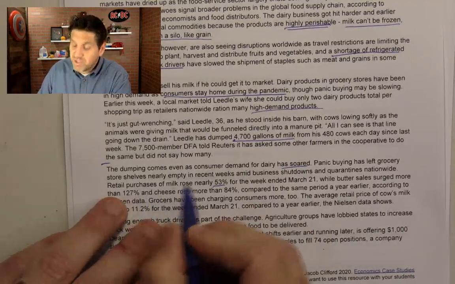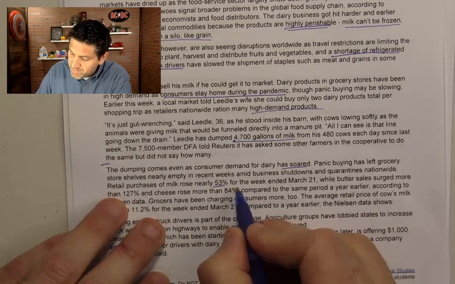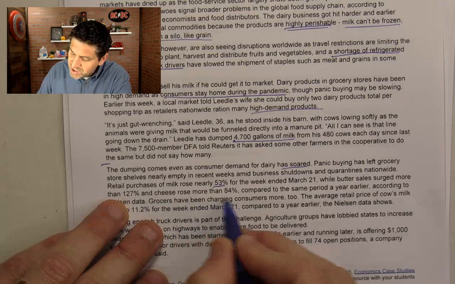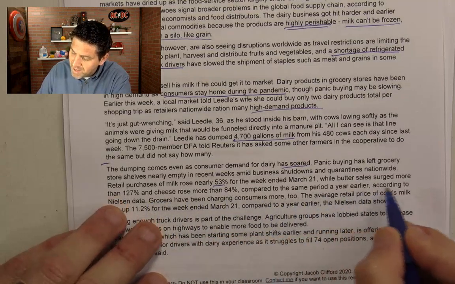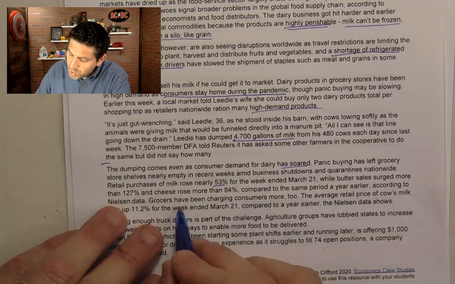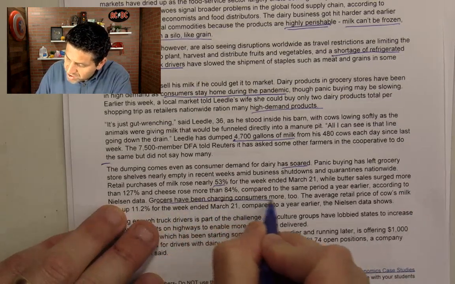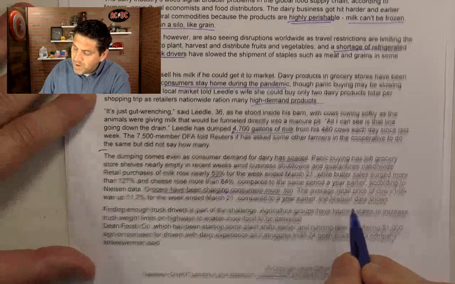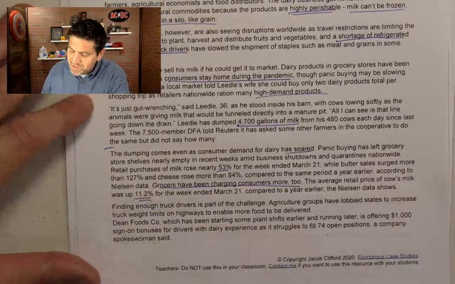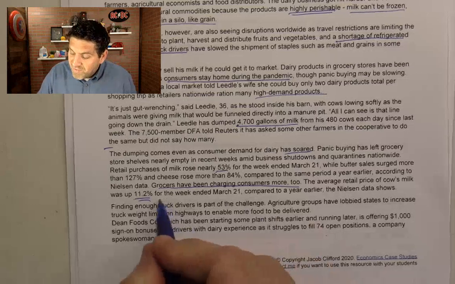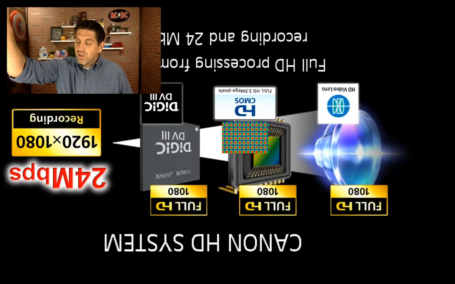So retail purchases have increased 50% this week, while butter sales surged 127%. Cheese rose 84% compared to the same period in previous years. Grocers have charged higher prices too. So groceries have charged consumers more too. The average retail price of cow's milk is up 11%, which doesn't seem like a lot, but that's a boatload, for the week ended March 21st compared to earlier years.